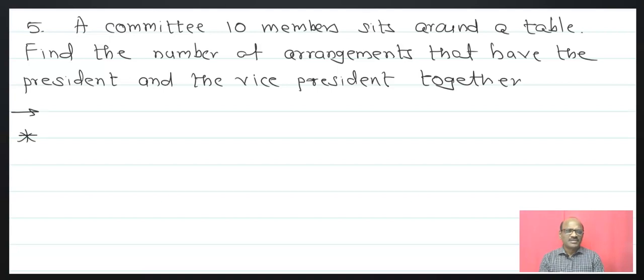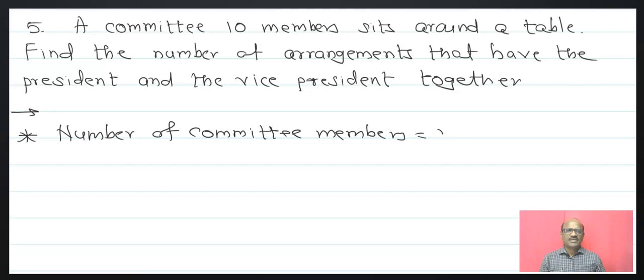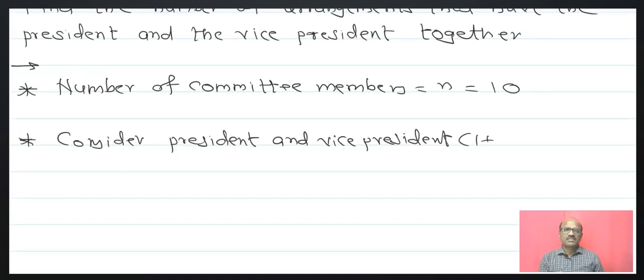That is, from the 10 members, we will take the 2 and treat them as 1 unit. 8 plus 1 is 9, and in this way they are together. The number of committee members n is equal to 10. Consider president and vice president, 1 plus 1, that is 2, as 1 unit.